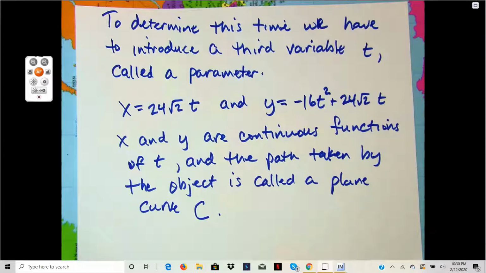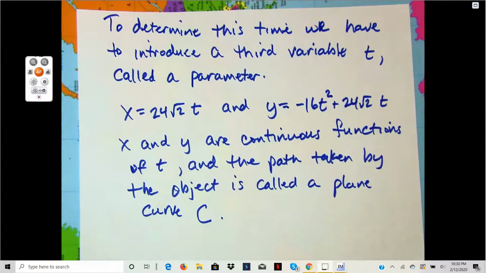Okay. So we started off with y is equal to negative 1 over 72 x squared plus x. To determine the when, we introduce a third parameter called t.